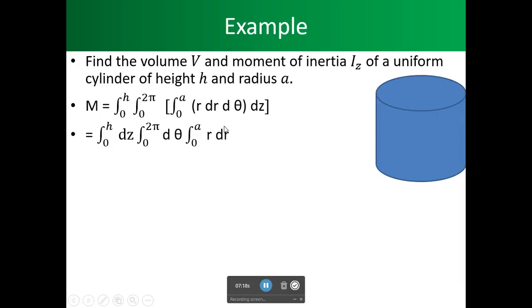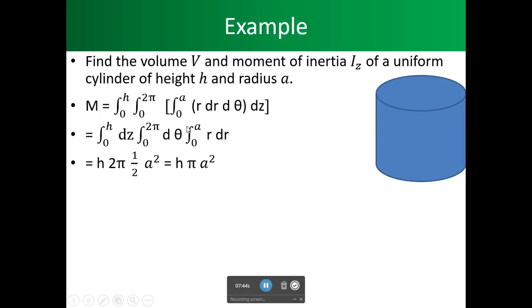So we can break it down into this form: dz from 0 to h, d theta from 0 to 2 pi, and r from 0 to a. And what do we get? For dz, we get h, because the starting point is 0. For theta, we get 2 pi, because our starting point is 0.